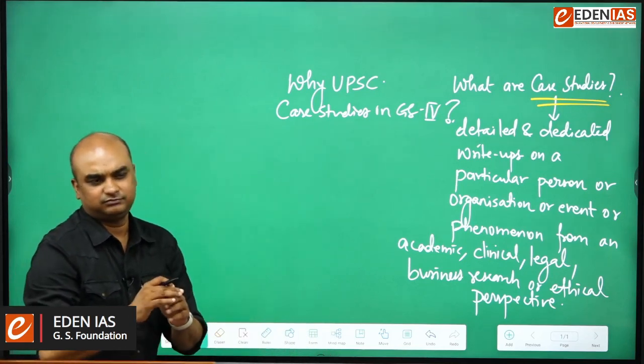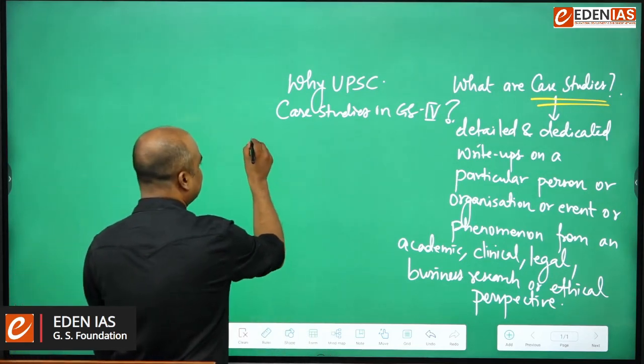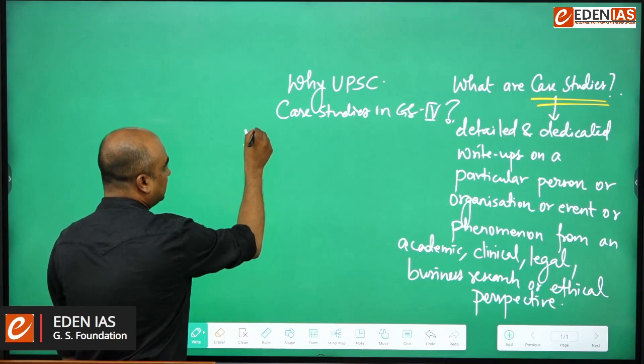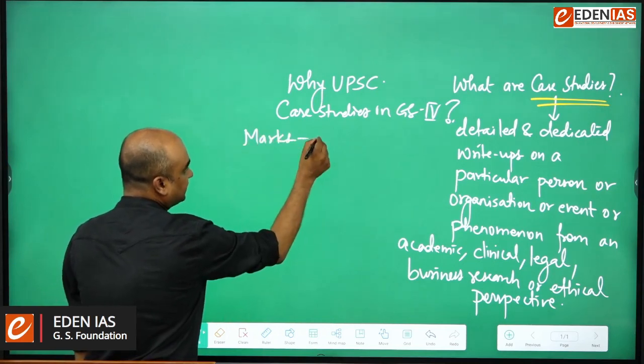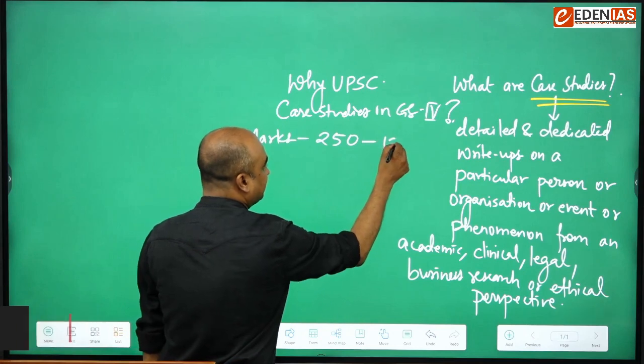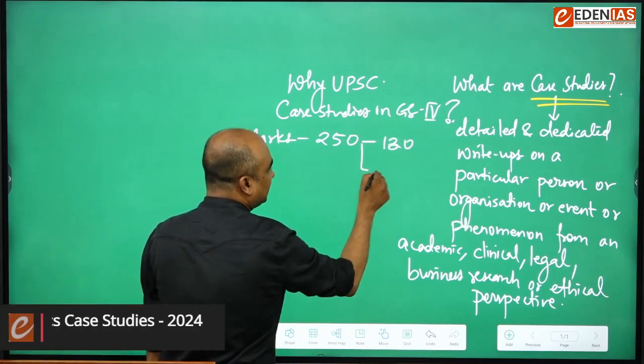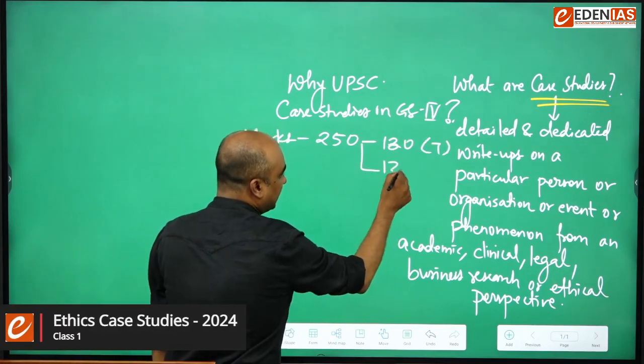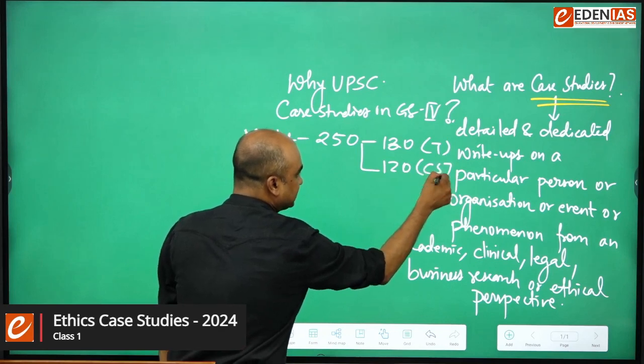One pure significance can be seen from the perspective of marks. GS paper 4 is of 250 marks. In that, generally the trend suggests that 130 would be theory and 120 would be case studies.